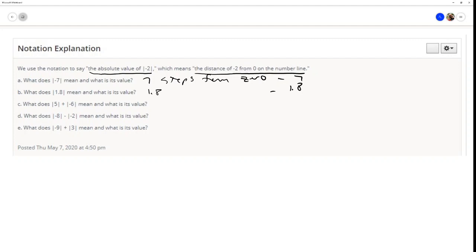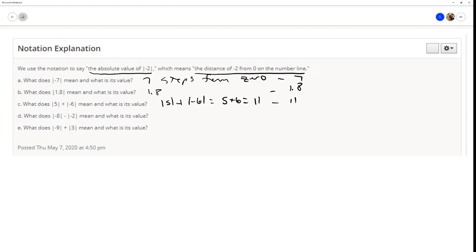What does the absolute value of 5 plus the absolute value of negative 6 mean? That would be the same as 5 plus 6, so that's 6, 7, 8, 9, 10, 11, and its value is 11.